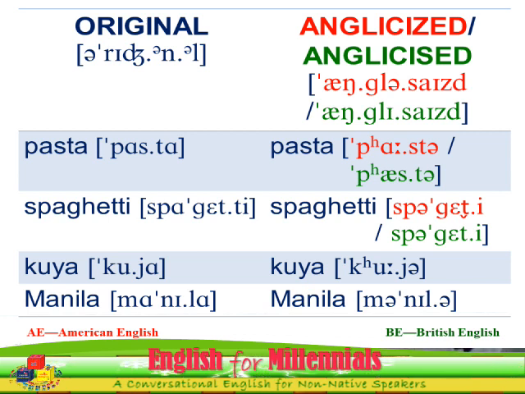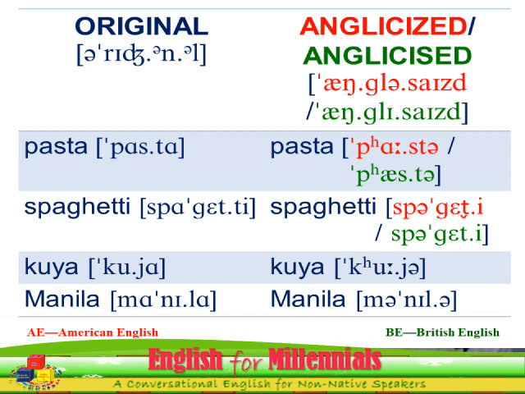Next, spaghetti. Always remember, double consonants in Italian are sounded. But in English, these two same consonants are taken as one. So let's try the anglicized form. It's spaghetti in American. The sound of t is not actually t, but the flap d.